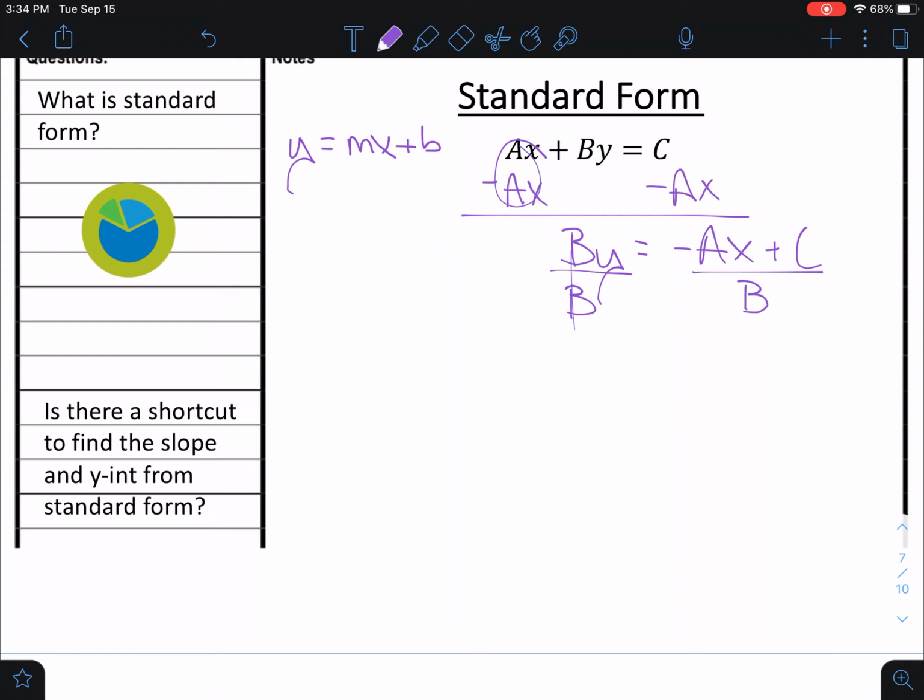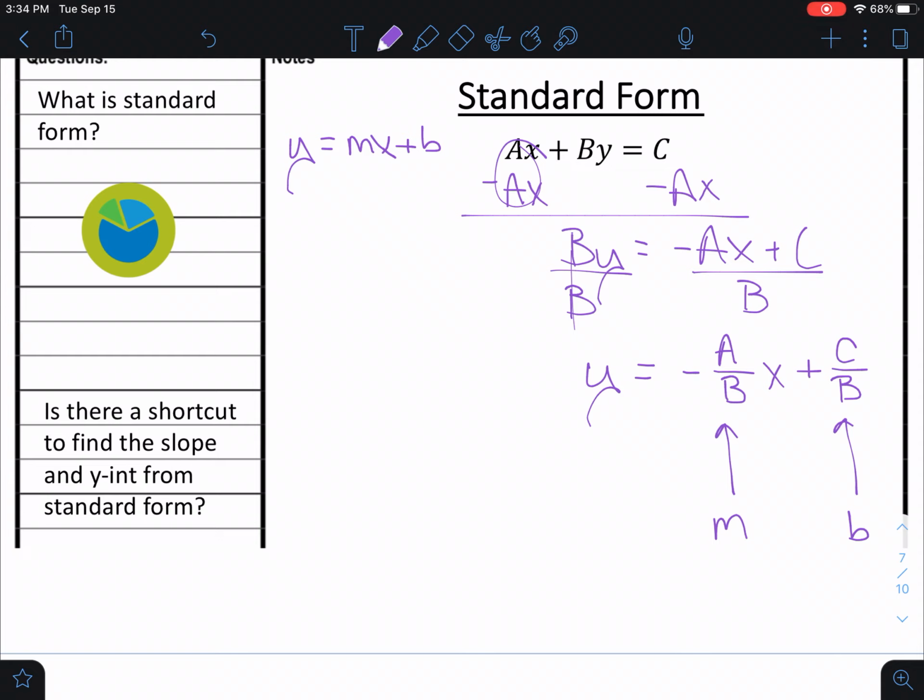Okay, so then this would be y equals negative a over b x plus c over b. Okay, so now it's sort of in slope-intercept form. So this is really right here my slope. And this is really my y-intercept, or your small b.